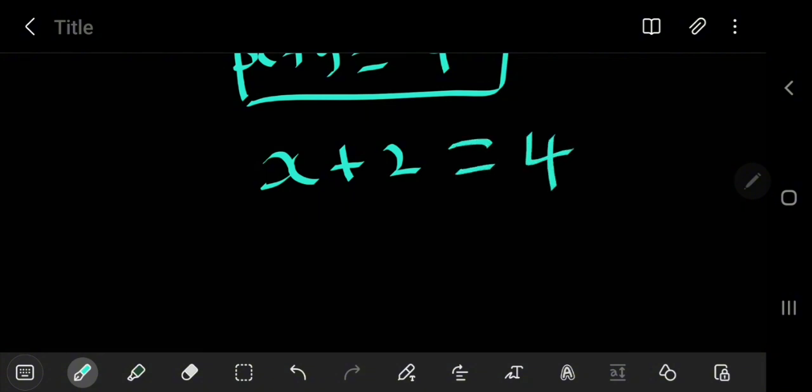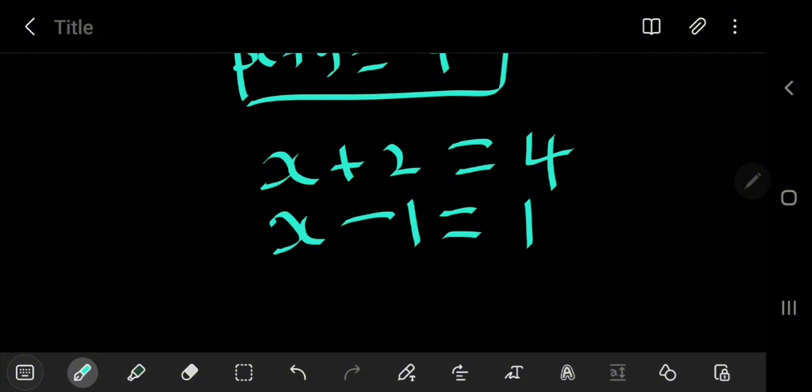Now when you have probably x plus 2 equals 4, and also you are told that in that same scenario x minus 1 equals 1.